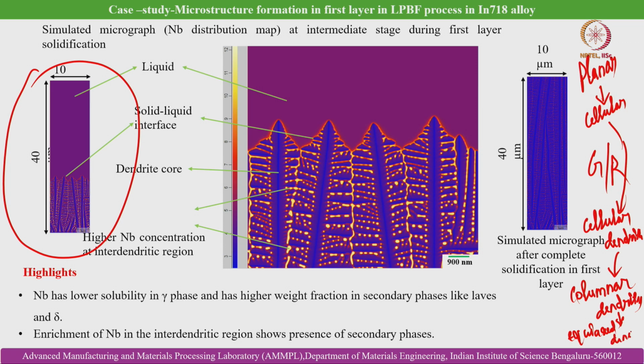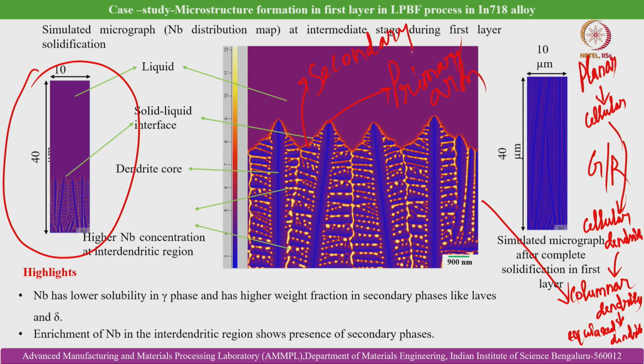The case shown here, the first layer microstructure formation of the laser powder bed fusion processed nickel based superalloy, shows a microstructure akin to columnar dendritic. You can see that these are the primary arms of the dendrite, and these are the secondary arms of the dendrites.